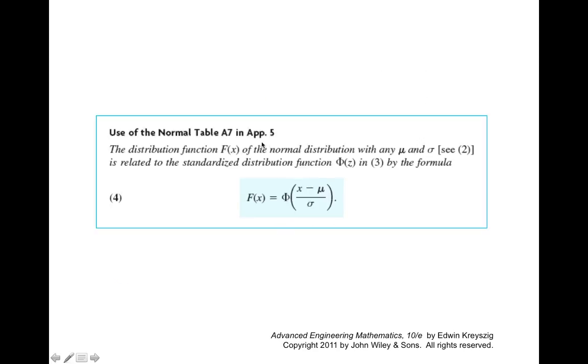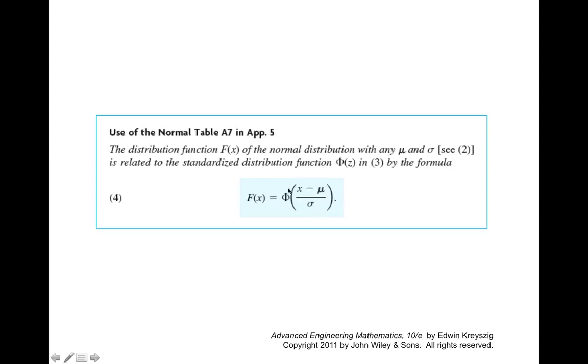The reason that this is useful is that table A7 relates directly to the standardized distribution function phi of z, where z is a shifted scaled variable.